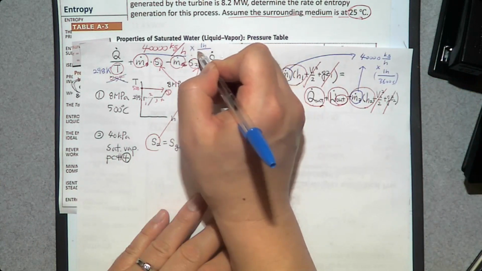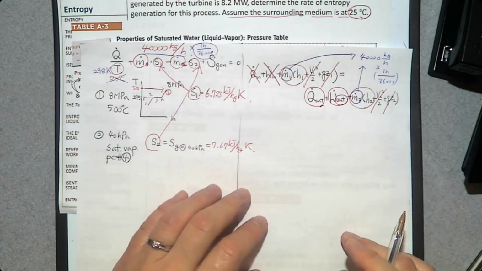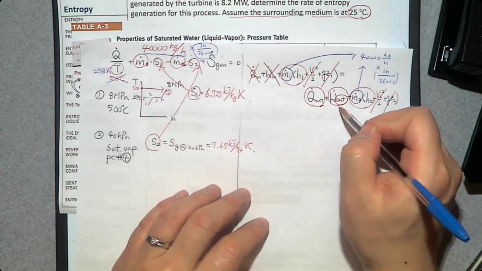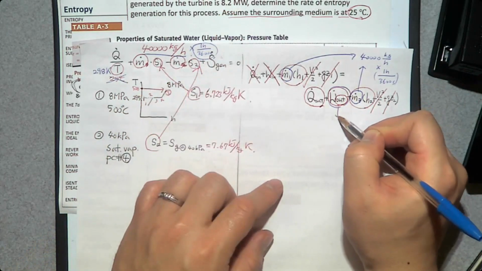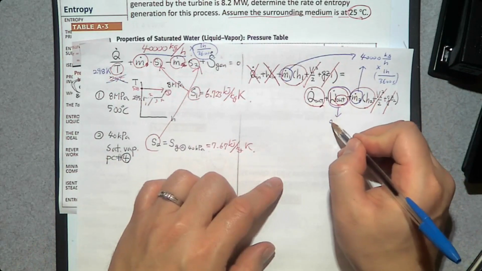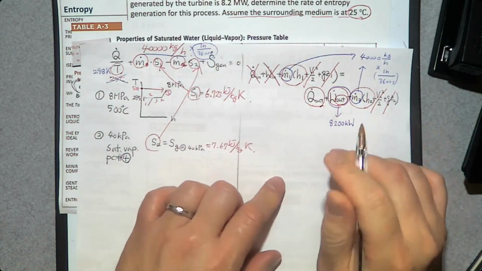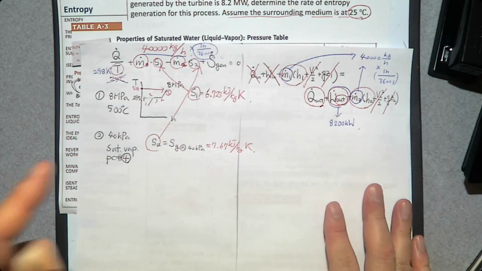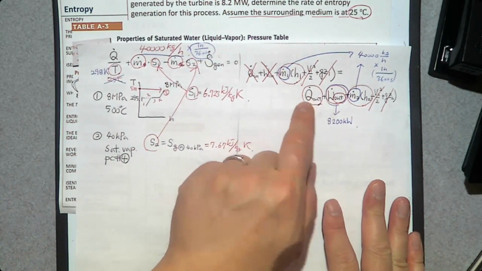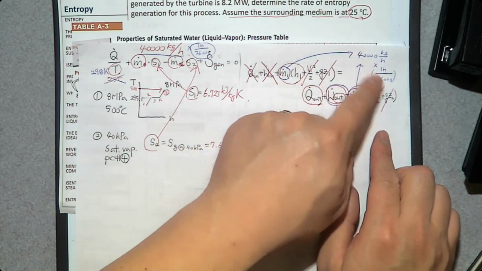Don't forget that. And what is the power produced? 8.2. No, 8,200 kilowatt. Always convert all the units to whatever you are familiar with when you substitute into a governing equation. Do not do a unit conversion there. That is not okay, okay?